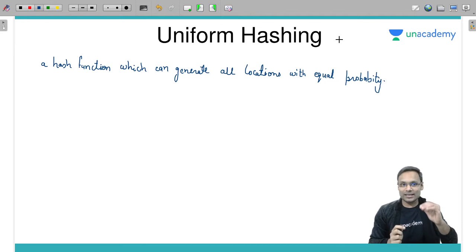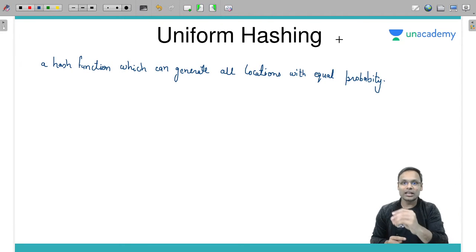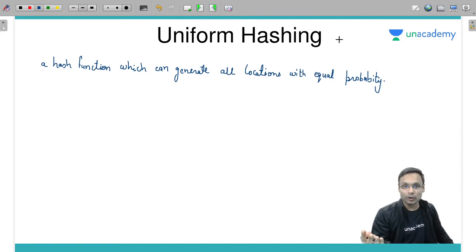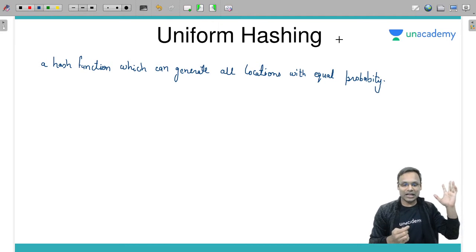That should not be the case that a particular location is generated multiple times but a particular location is not ever generated at all. So all the locations, your hash function should generate. That is uniform hashing.